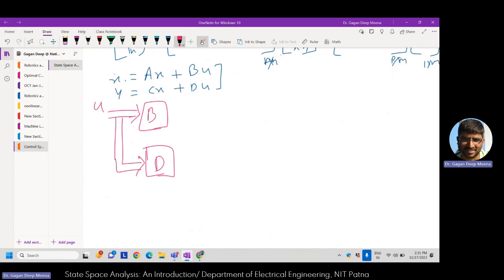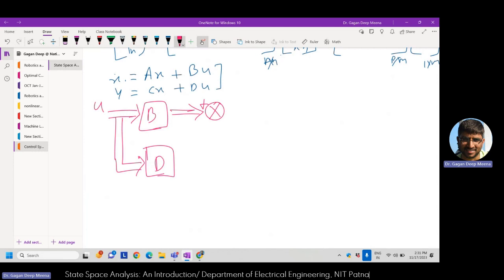Then bu is getting added with ax, and cx is getting added with du. So there can be a summer, right? This b goes into a summer positively, and what is getting added with bu is ax.